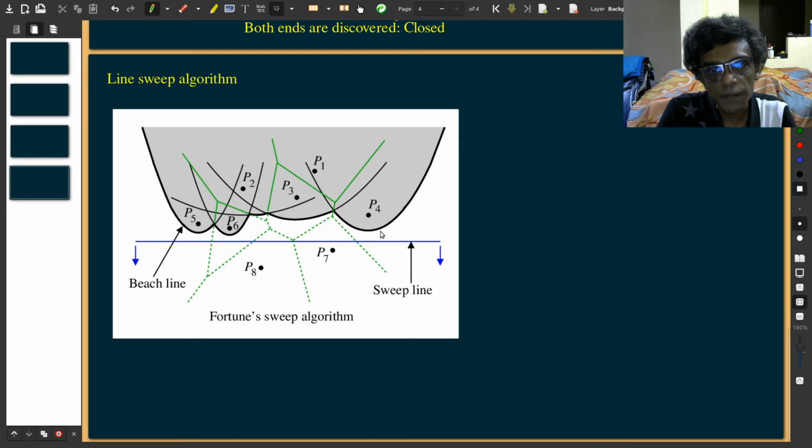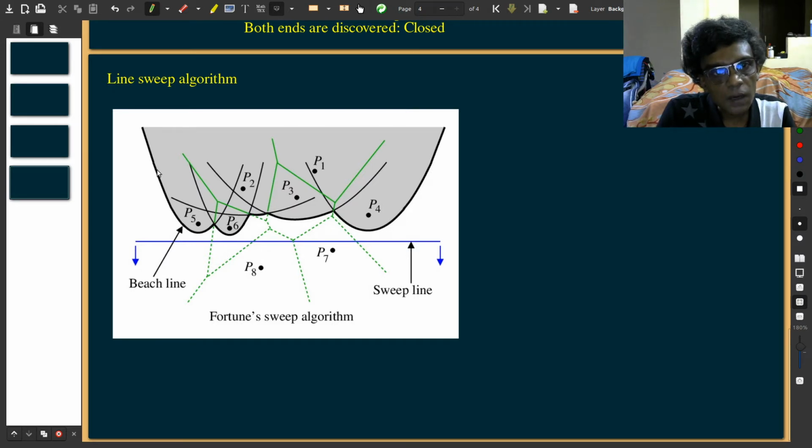For P4, I have this parabola. And if I consider the union of all these parabolas, the inside of these parabolas, this creates my ocean. And the boundary of the ocean consists of these parabolic arcs corresponding to the different sites.